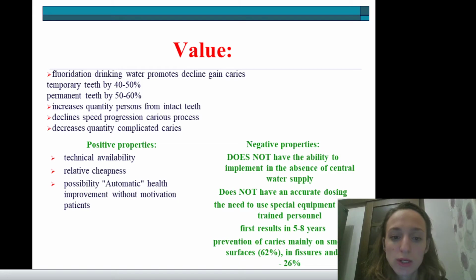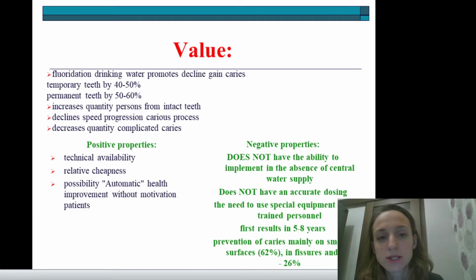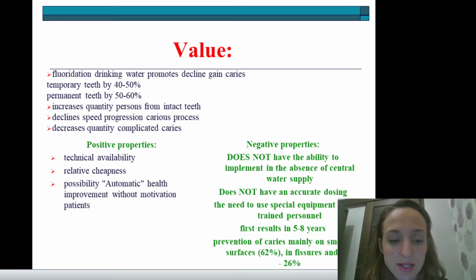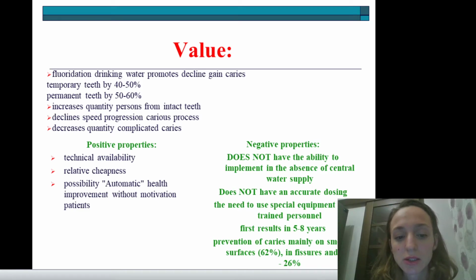Fluoridation of drinking water promotes a decline in caries incidence for temporary teeth by 40 to 50% and permanent teeth by 50 to 60%, increases the quantity of persons with intact teeth, declines the speed of progression of the caries process, and decreases the quantity of complicated caries.